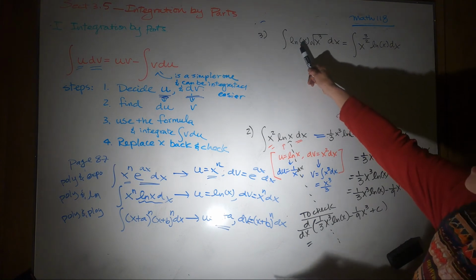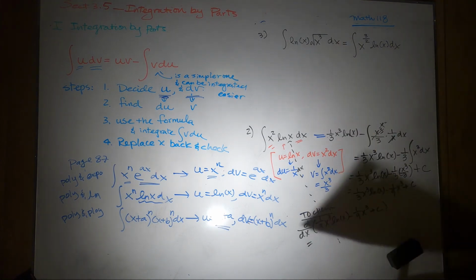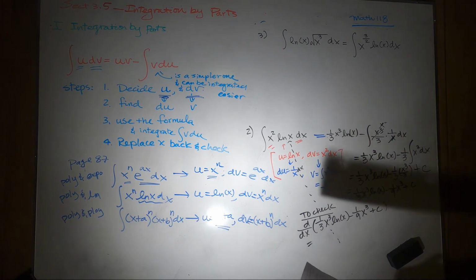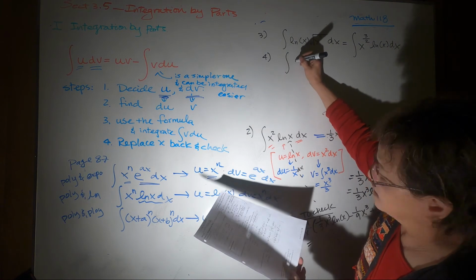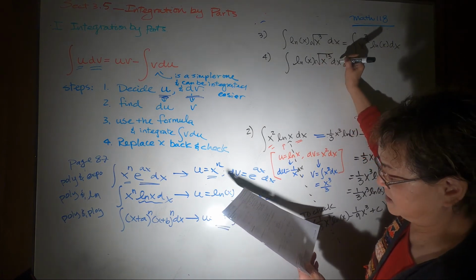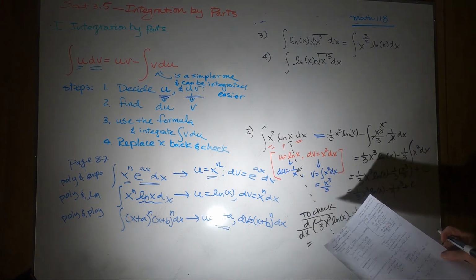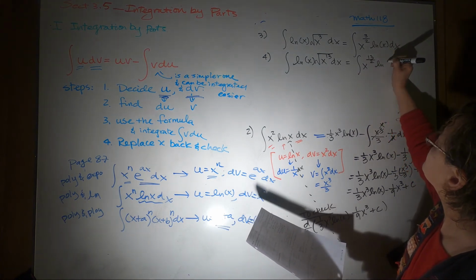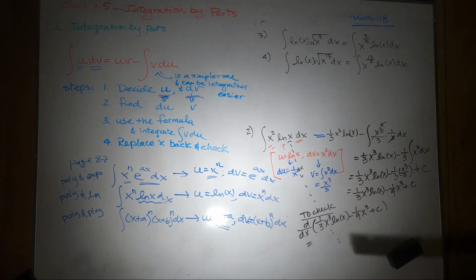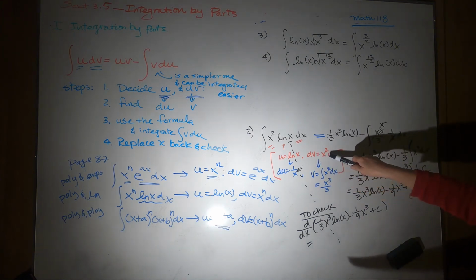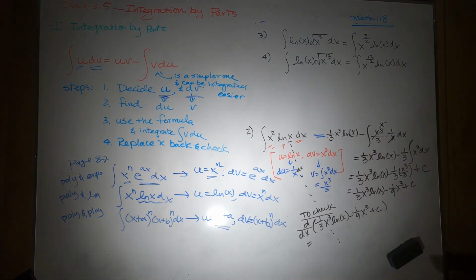Once you have one natural log and one x to a power, even if it is x to the 13th power, like x to the 13 to the half natural log x dx, you will do the same way. u is your natural log, then dv is the power thing.